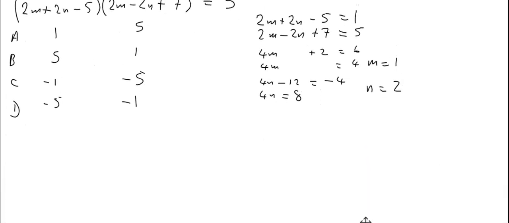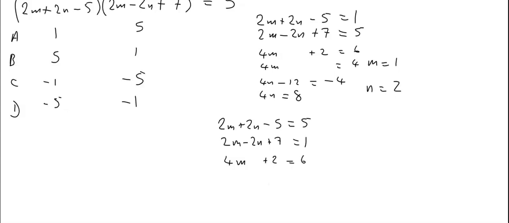And I now try pattern B. So I've got 2m plus 2n minus 5 equals 5, and 2m minus 2n plus 7 equals 1. If I add those equations together, I get 4m plus 2 equals 6.